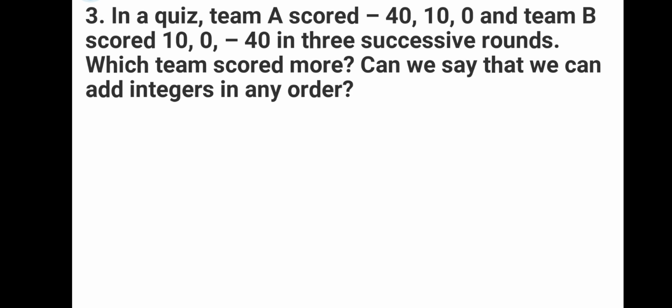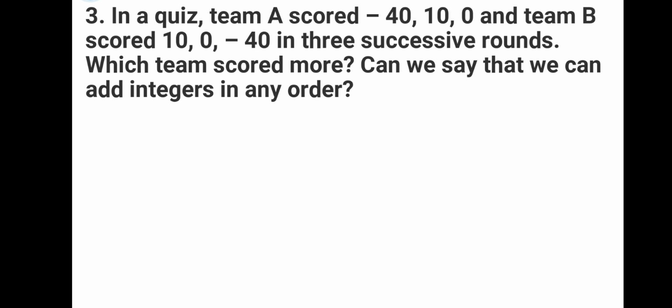In a quiz, Team A scored minus 40, 10, 0 and Team B scored 10, 0, minus 40 in 3 successive rounds. Which team scored more? Can we say that we can add integers in any order? Here in the question it is given a quiz.